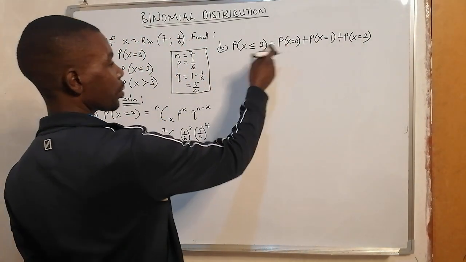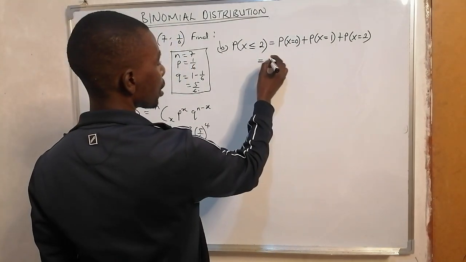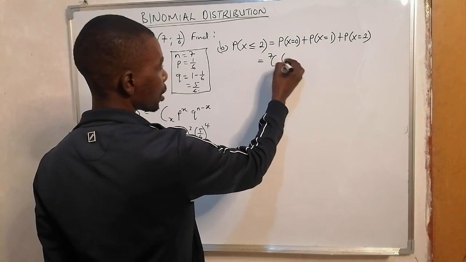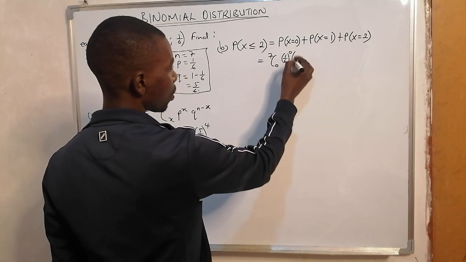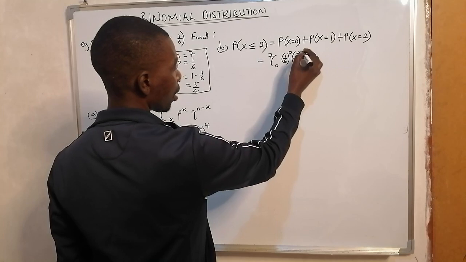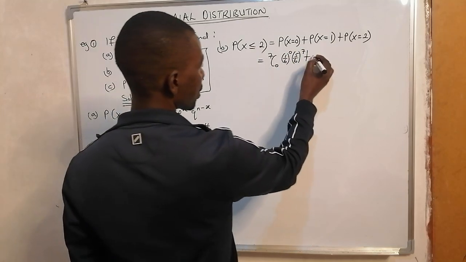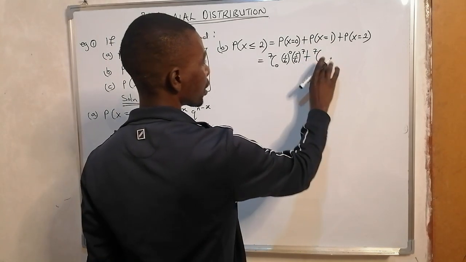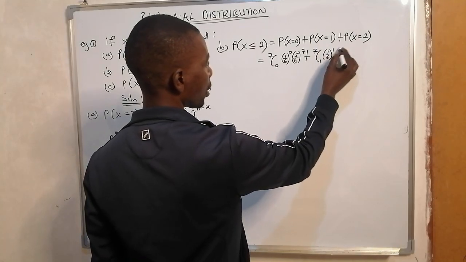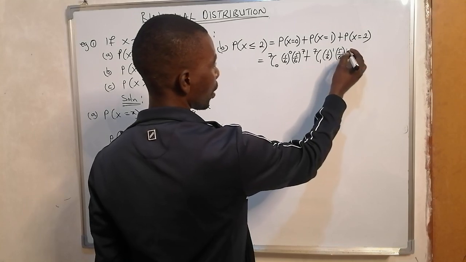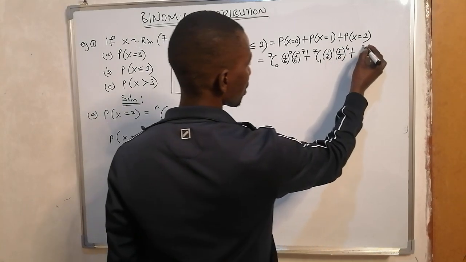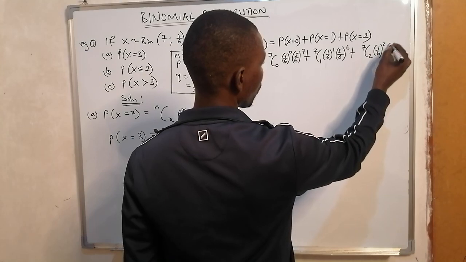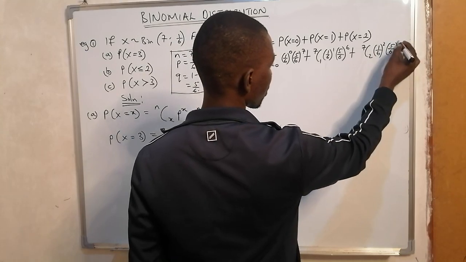So substituting these in our formula, for P of X equals 0, we use N choose 0, which is 7 choose 0 times 1 over 6 to the power 0 times 5 over 6 to the power 7 minus 0, that's 7, plus P of X equals 1, we use 7 choose 1 times 1 over 6 to the power 1, 5 over 6 to the power 7 minus 1, that's 6, plus 7 choose 2 times 1 over 6 to the power 2, 5 over 6 to the power 7 minus 2, that's 5.